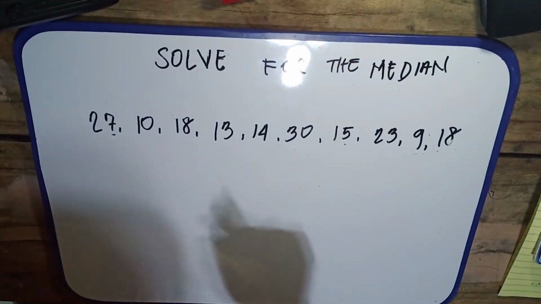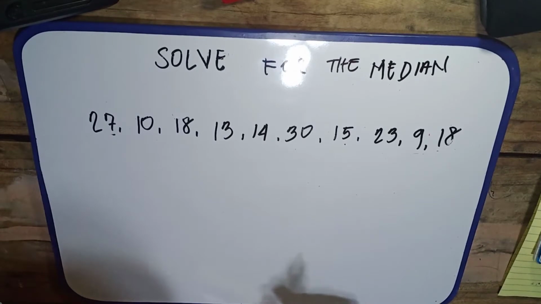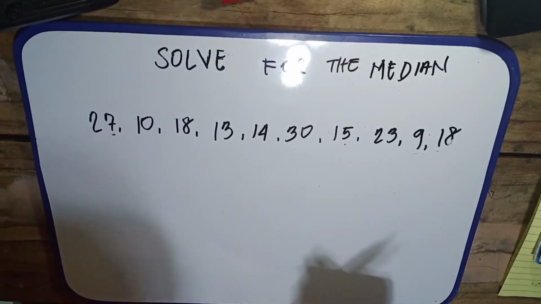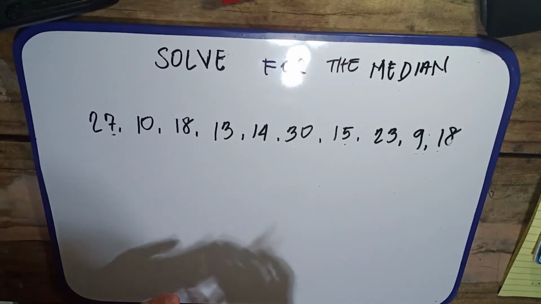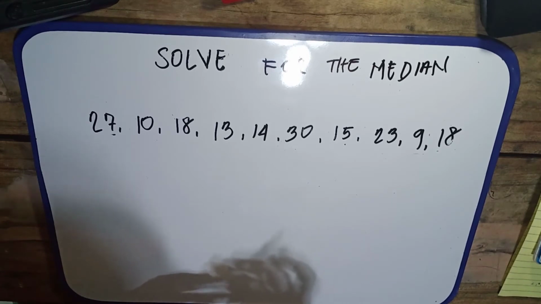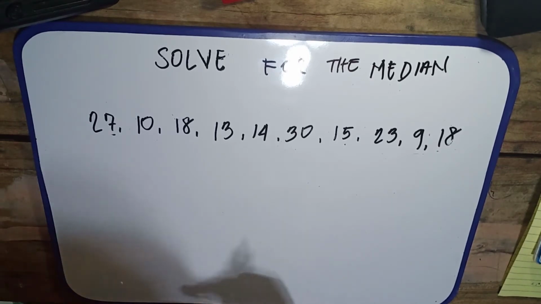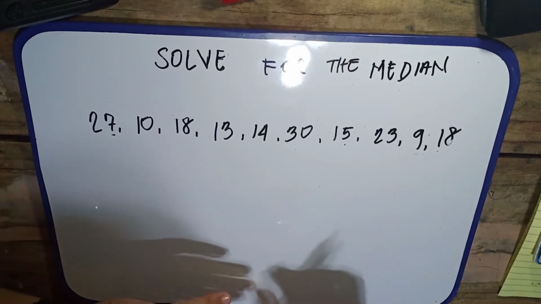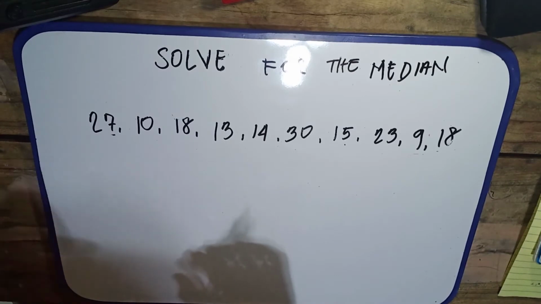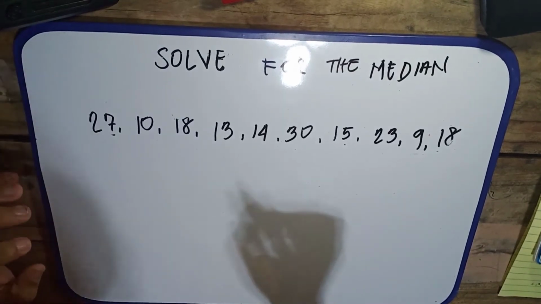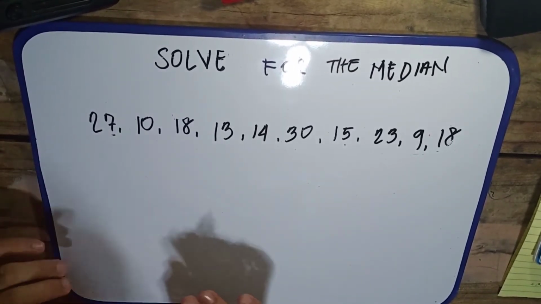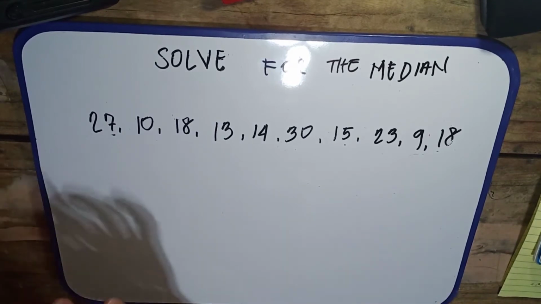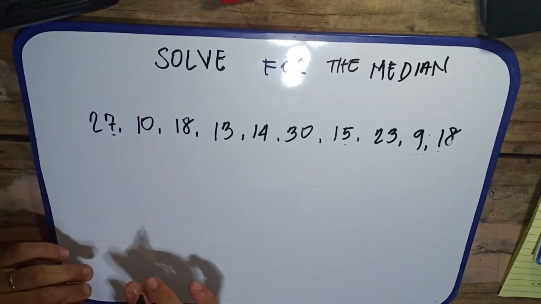Okay guys, so next that we are going to solve is the median. The median is the middle entry in a group of quantities. So the middle entry in the group of quantities divides the quantities into two equal parts. Right? So first, we are going to understand that there are odd and even numbers.